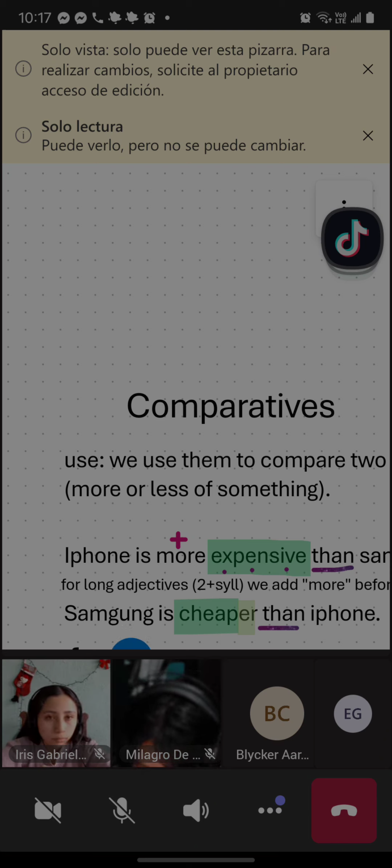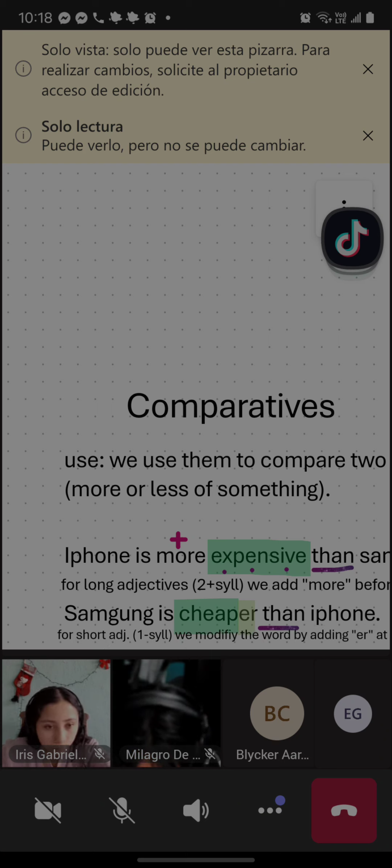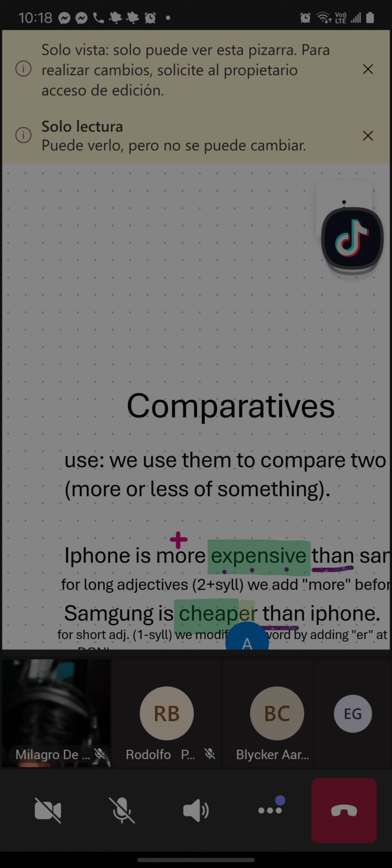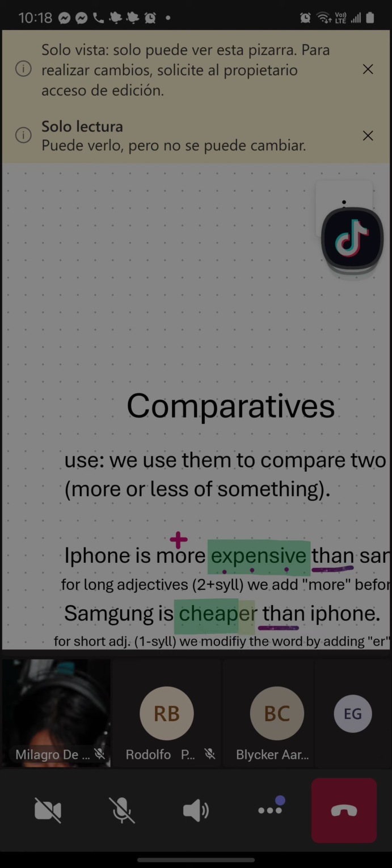So for short adjectives, meaning 1 syllable adjectives, we modify the word by adding er at the end. Something that is very important is that we don't use more in this case, because it wouldn't make any sense to say more cheaper, you're repeating the same thing.